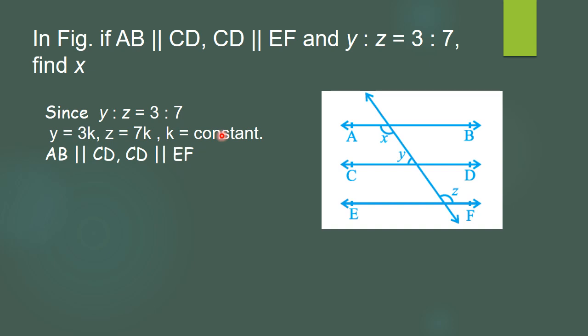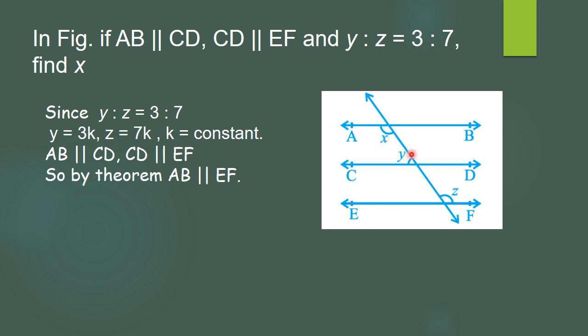Now first, AB is parallel to CD and CD is parallel to EF, and therefore we can say by the theorem AB is parallel to EF. Now AB is parallel to EF and we'll consider this line as a transversal. Don't consider this other line now. Here we get a Z formation, and so they are called alternate angles.